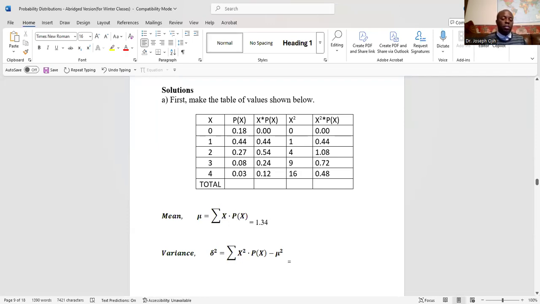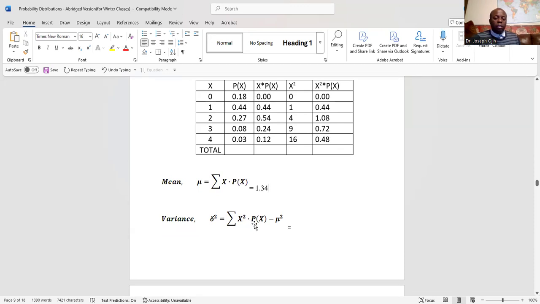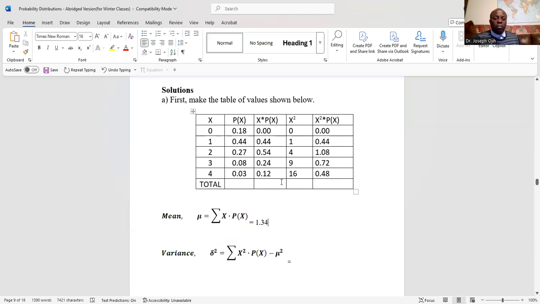Okay. And the variance is in this form: sum of x squared times px minus the mean squared. So this is for 1.34 right here. Let's add this one. I'm going to put this in the calculator.